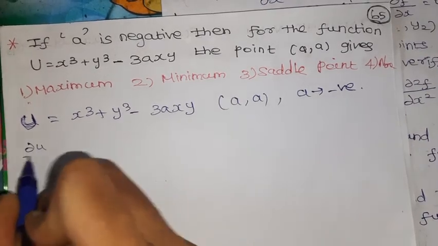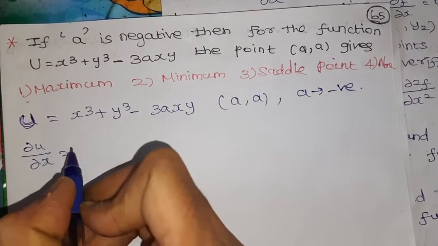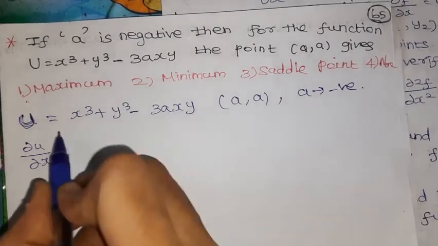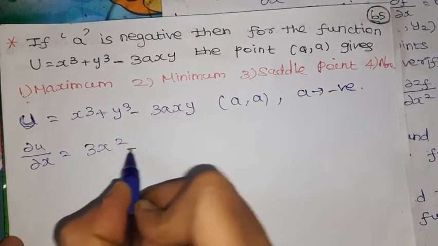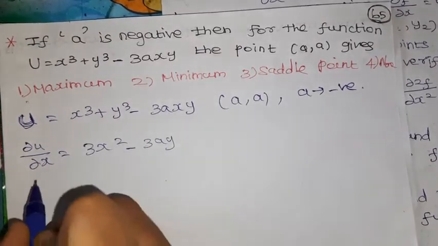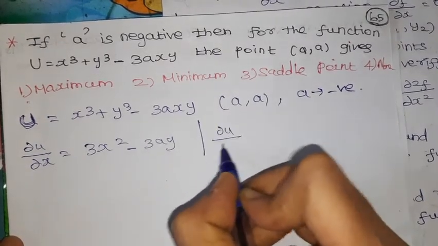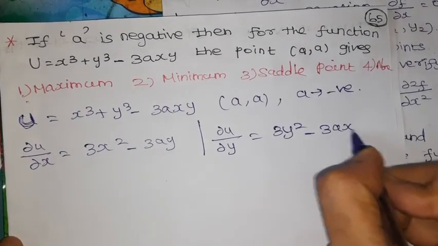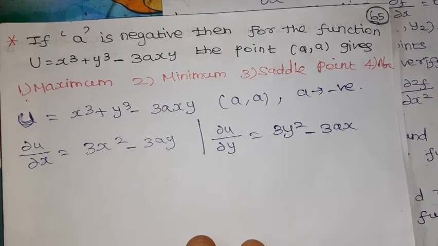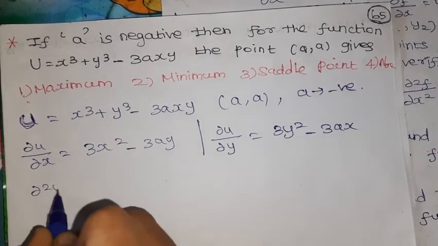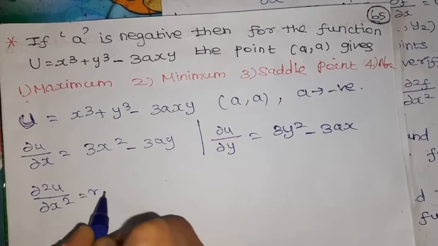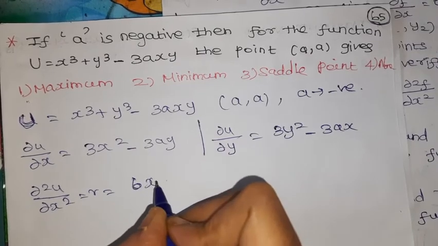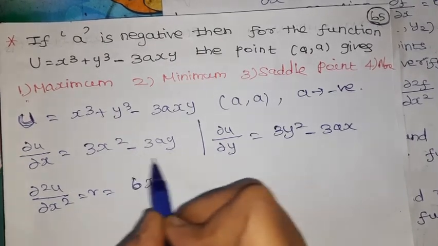For that we differentiate with respect to x. Dou u by dou x is 3x squared minus 3ay. Then dou u by dou y, differentiating with respect to y, is 3y square minus 3ax. Again differentiating, dou squared u by dou x squared, which is r, equals 6x alone, because it is a function of x.